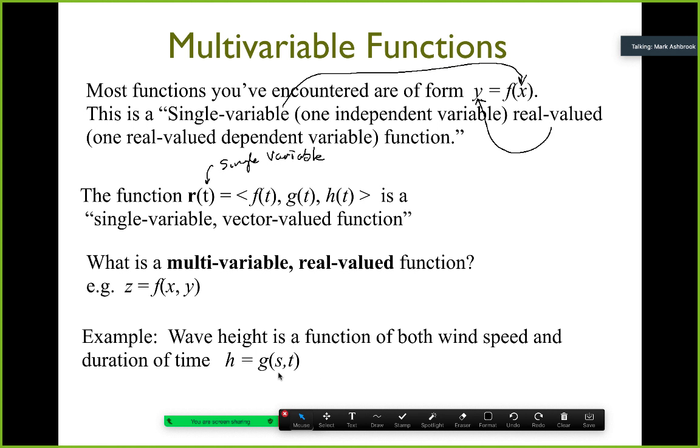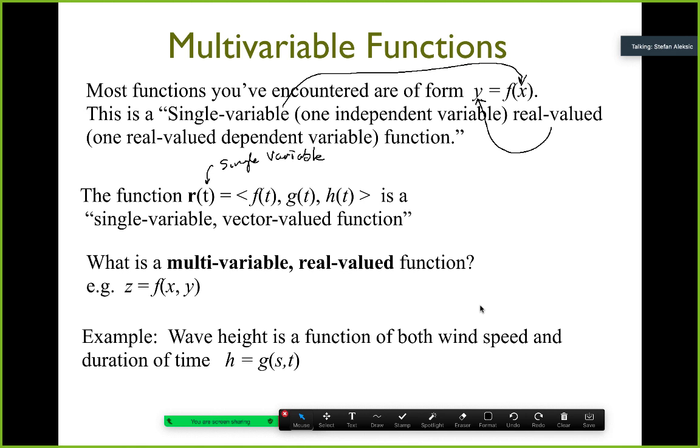And if you have a very low velocity wind for a long time, it may make some small waves, but not very big waves. So you see that the height of the waves at any given time is a function of not only the wind speed, but how long the wind's been blowing. That's a really good example of a multivariable real valued function.